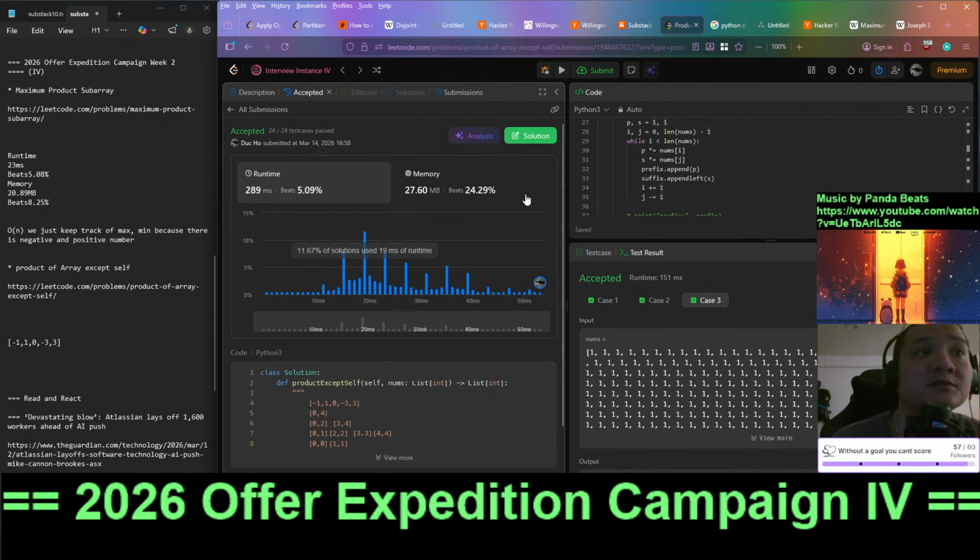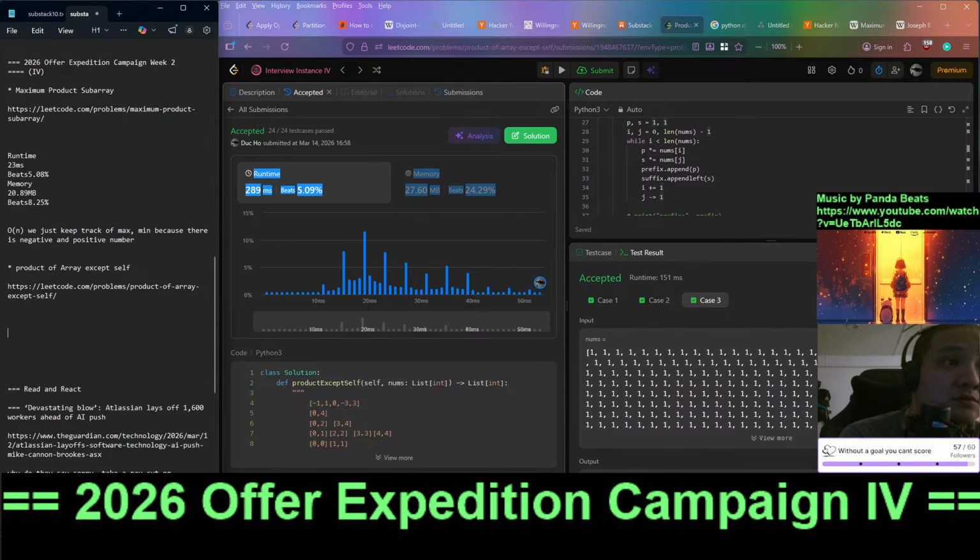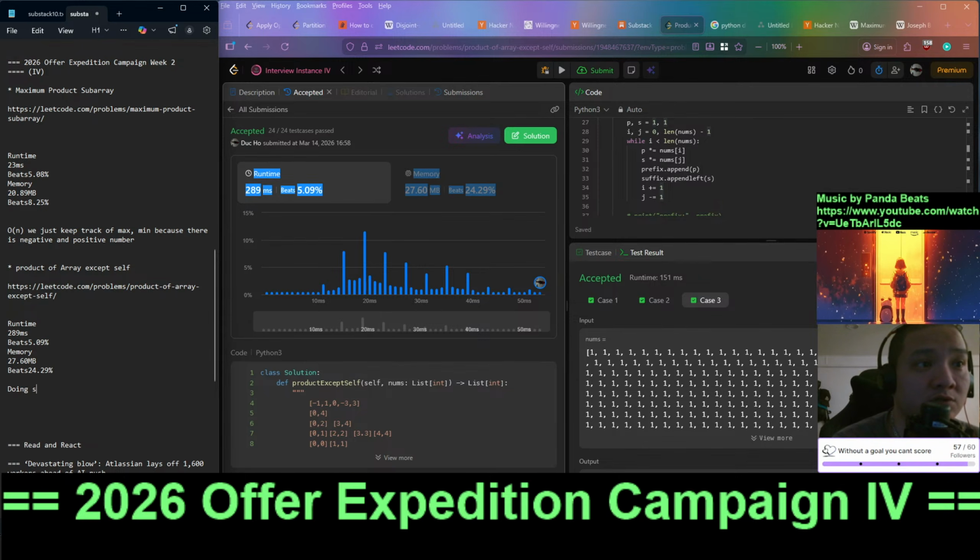I'm fine with this, doing deque, because we can have O(1) compared to array shifting, right?